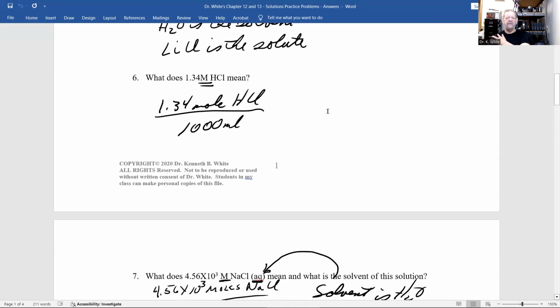All right, now you should know, what does 1.34 capital M HCl mean? Well, as soon as you see a number, capital M, and a chemical formula, that means molarity.